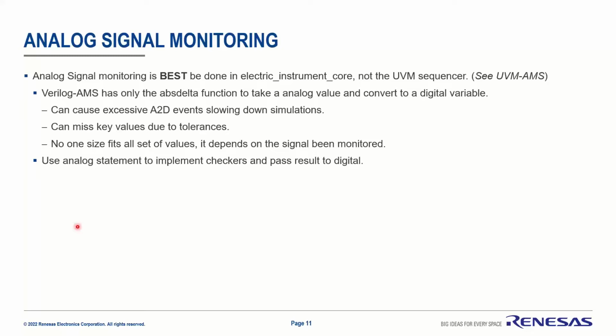If you make the tolerances too big, you can miss key values. And unfortunately, there's no one size fits all on this. It has to be tailored for the specific signal that you're looking at. So it's sort of a non-starter to convert the analog signal into digital and do all the monitoring there. It has to be really done in the analog domain. So really, it's use the analog statement to implement the checkers and pass the result back to the digital.